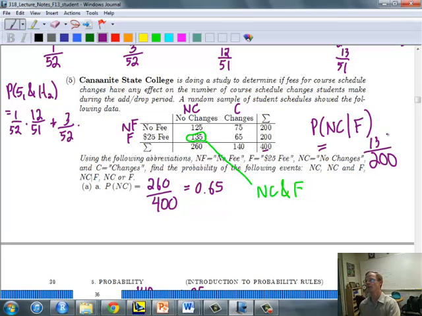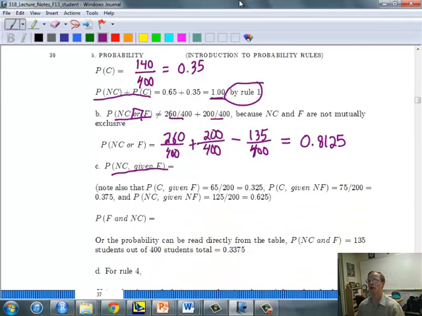There's 135 students who have made no change, so we've got 135 out of 200. That goes here. Okay, which is 0.675.